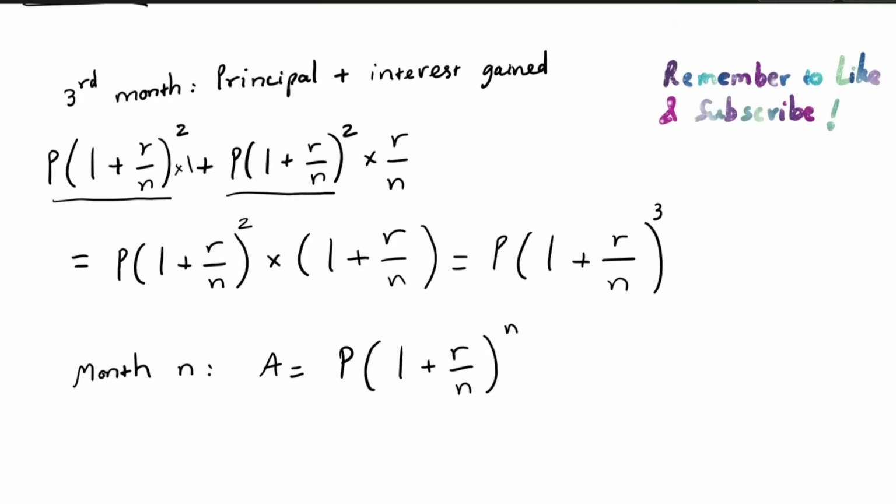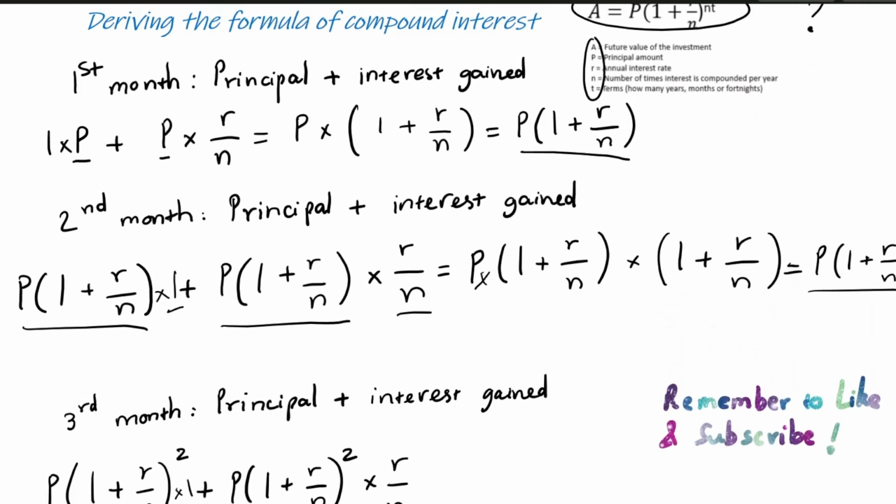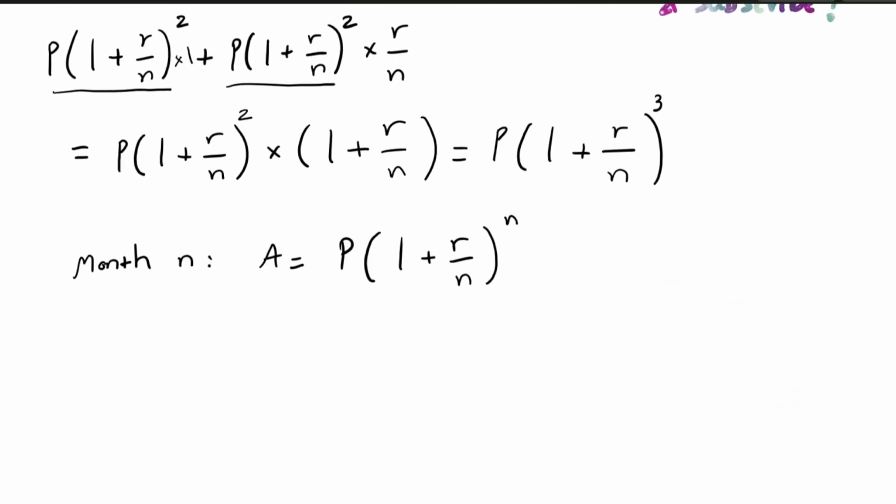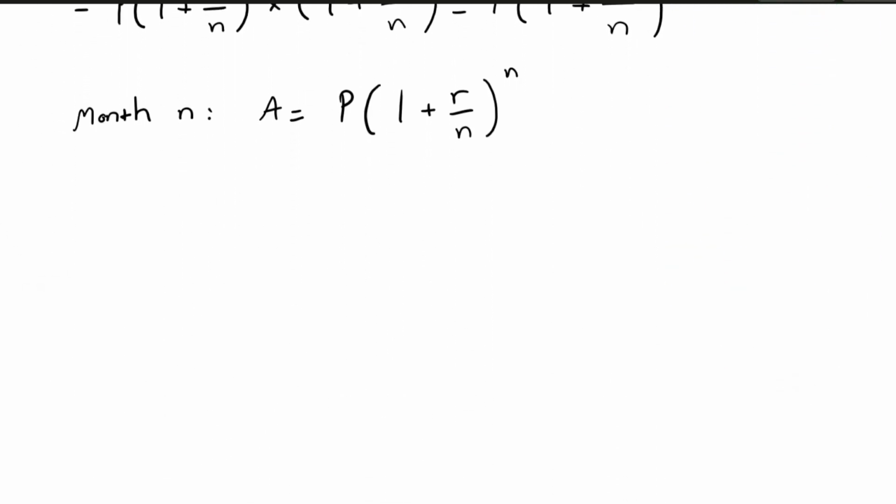which is the number of times interest is compounded per year. If this is, say, a saving for 1 year, then this formula would make sense. However, if it is 2 years or more, what will happen?